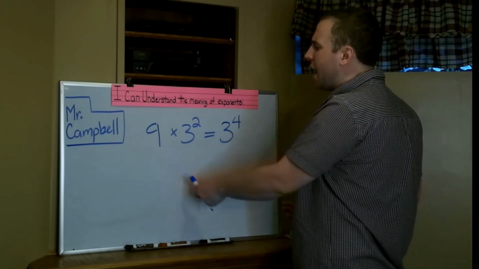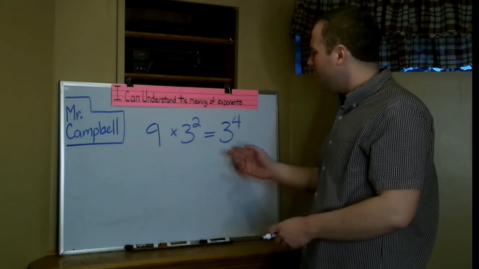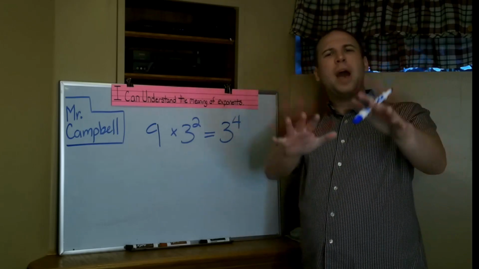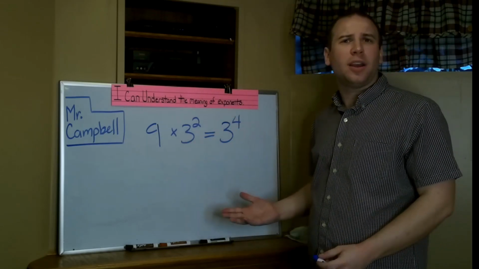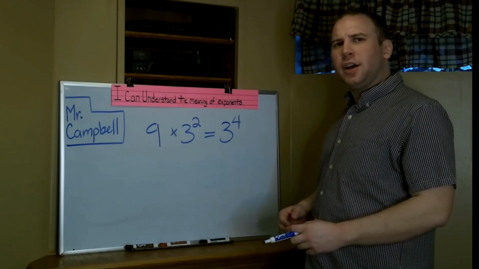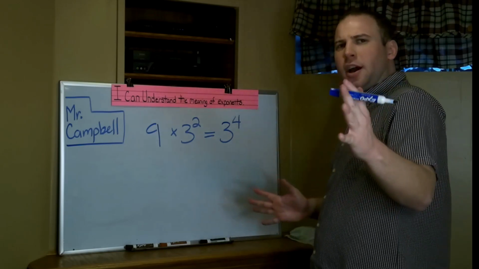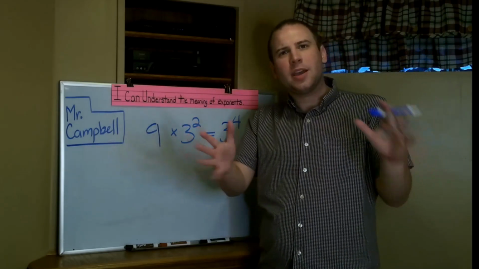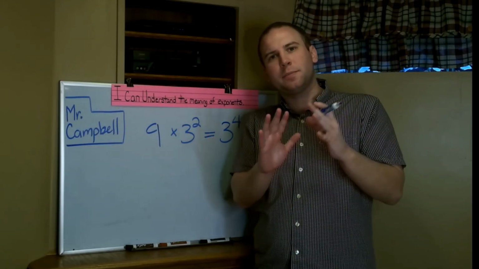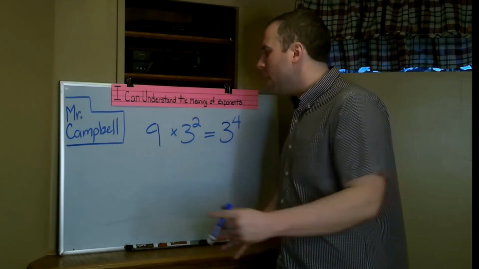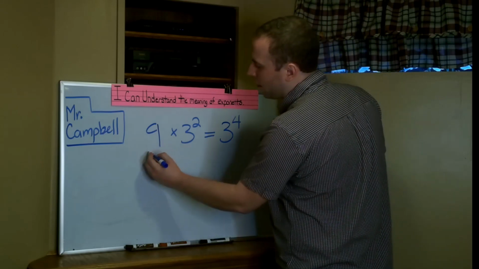You've got 9, you've got 3 to the 2nd power, and you've got 3 to the 4th power. There's no way that this can work. But what if I were to tell you that's not the case? That sometimes, like I talk about a lot, like with life, you have to look at things from a different perspective.